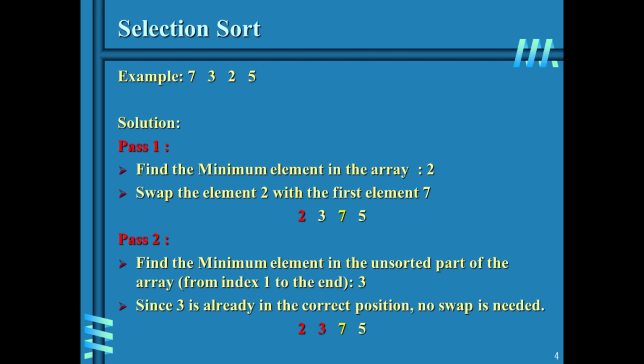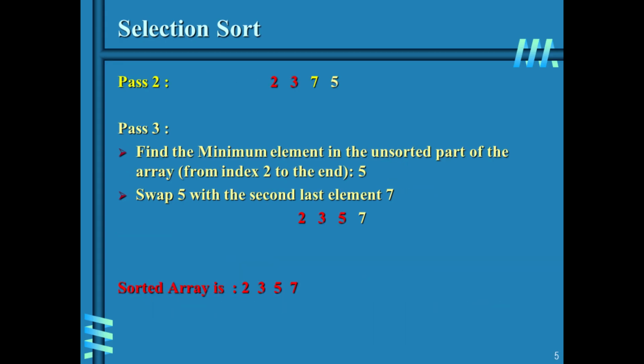Here, the elements in the sorted array are 2 and 3 and the elements in the unsorted array are 7 and 5. So after pass 2, consider the third element, which is 7, as the minimum element and compare it with the remaining elements from the unsorted array.